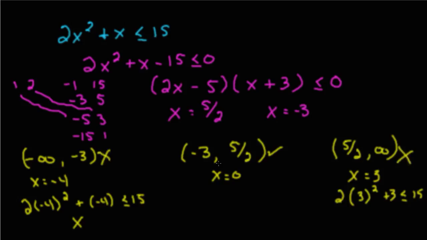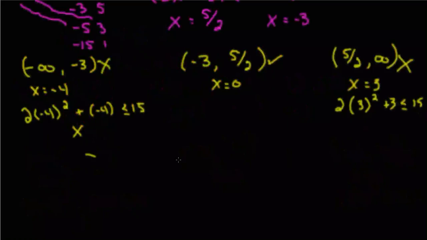So now we know the interval is -3 to 5 halves, but we really need to check whether this solution interval includes -3 and 5 halves. When x equals -3, you get 2 times -3 squared plus -3.